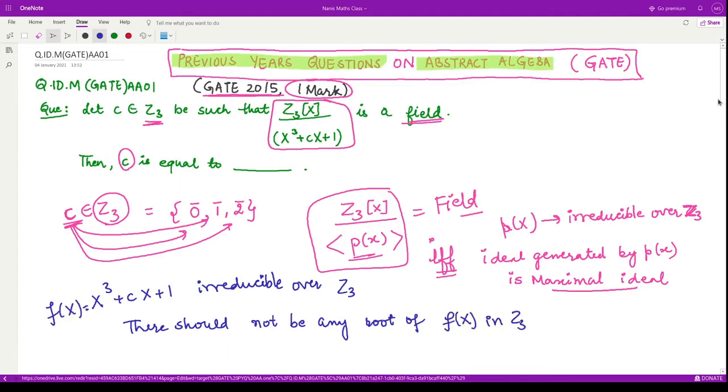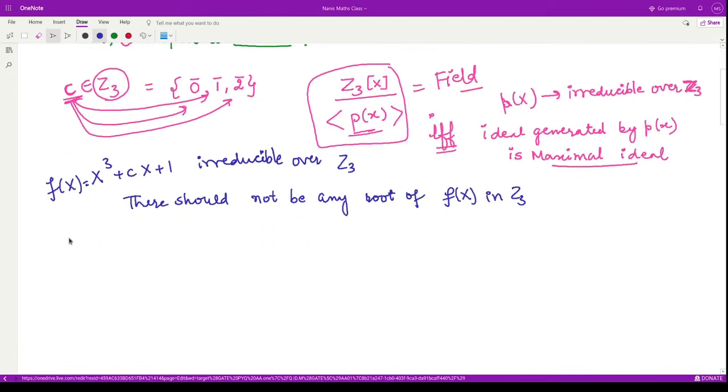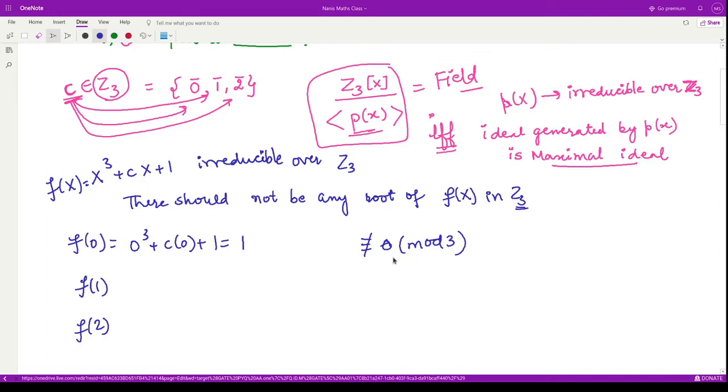So that means if we substitute 0, f(0) should not be 0 mod 3, because we are in Z3, and similarly for f(1) and f(2). If we substitute 0 over here, we have 1, which is obviously not equal to 0 mod 3. So this thing is true.